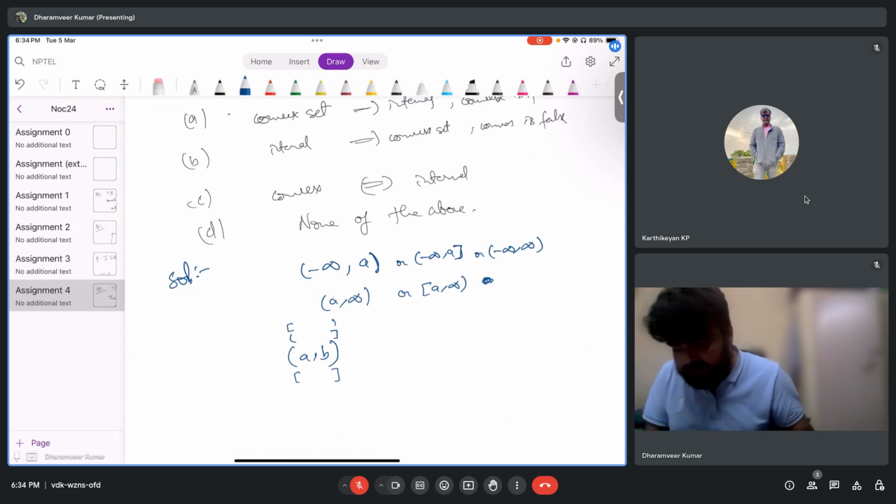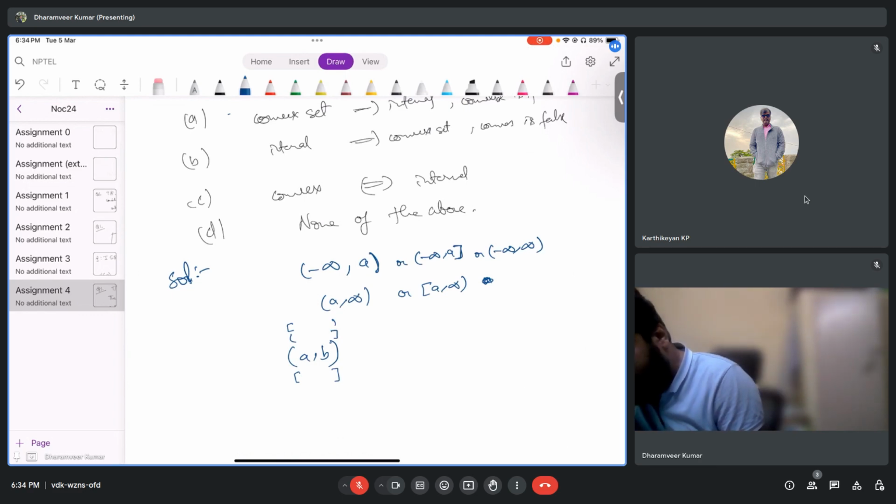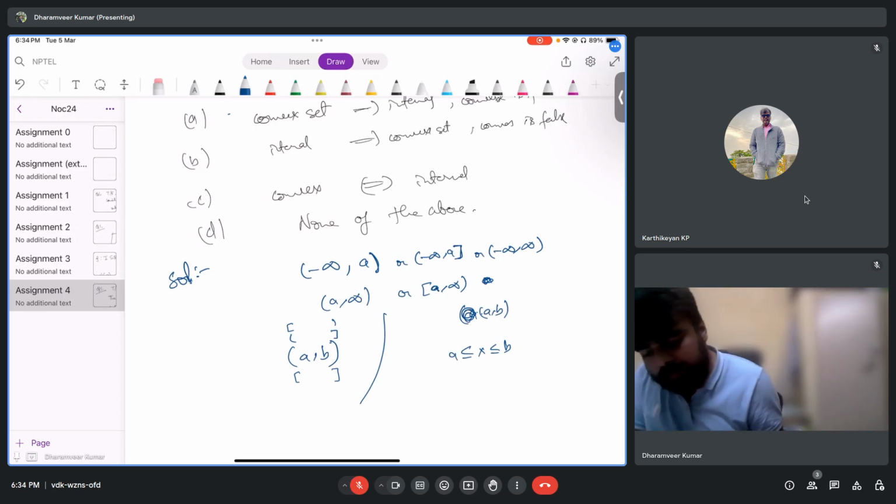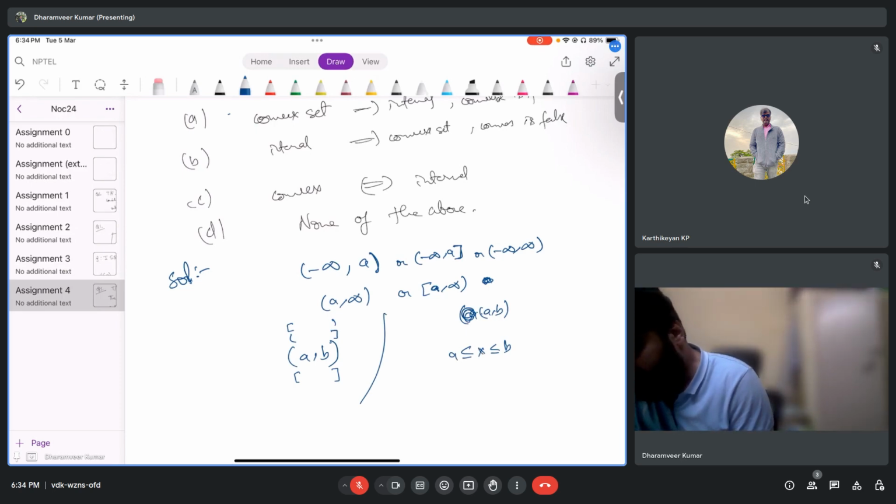What it eventually means is, if you have A and B, and there is x, there could be equality, there could not be equality. So if you have some point x, I have to show that this is convex.